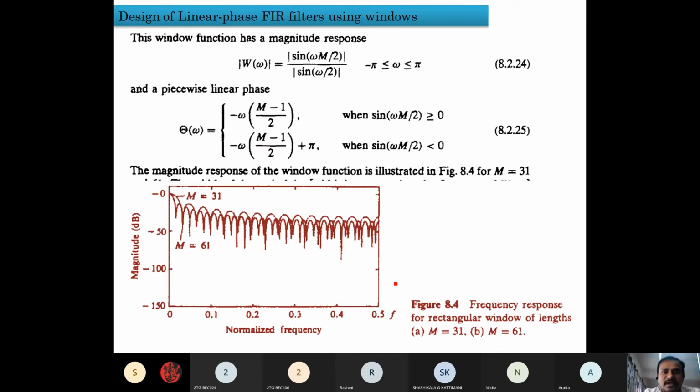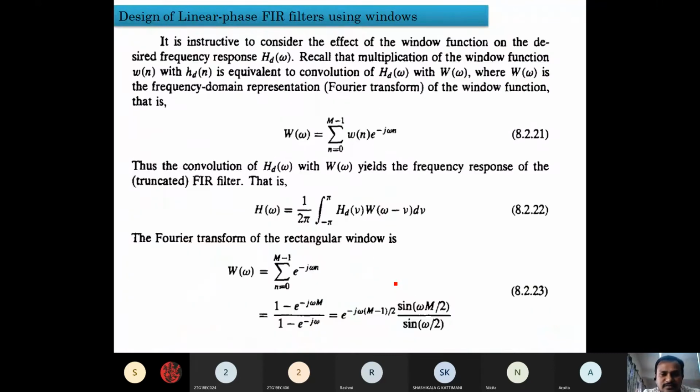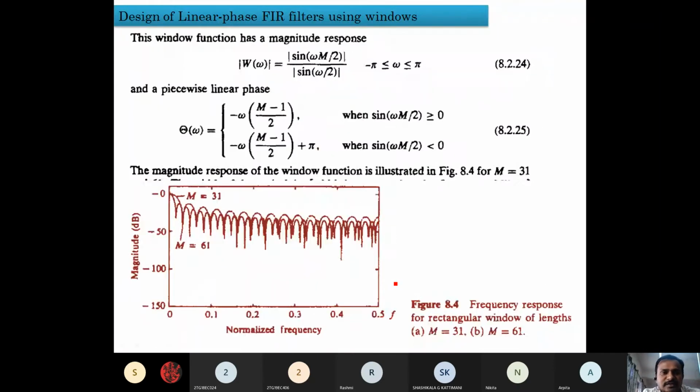This window function has magnitudes and phase factors. The magnitude of the window function, capital W of omega, is the magnitude of sine omega M by 2 divided by the magnitude of sine omega by 2, for the angular frequency omega between minus pi to pi.